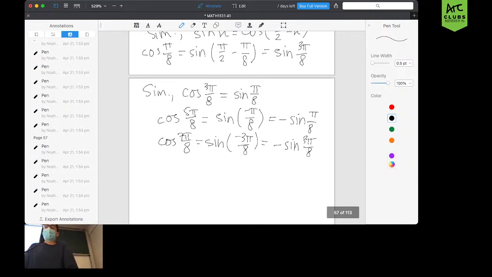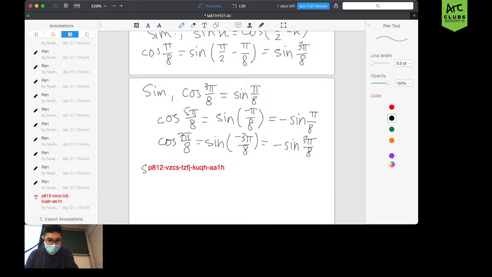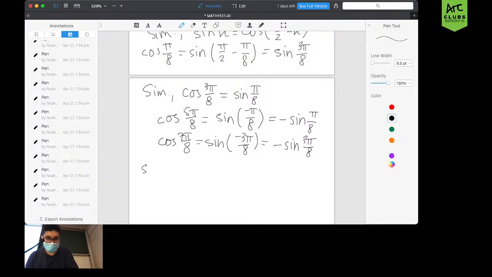Now when we take the product of those four cos functions you can see on the screen, after we replace them with their respective sine values, we get sin 3π/8 times sin π/8 times negative sin π/8 times negative sin 3π/8.